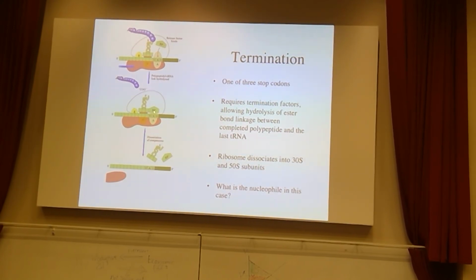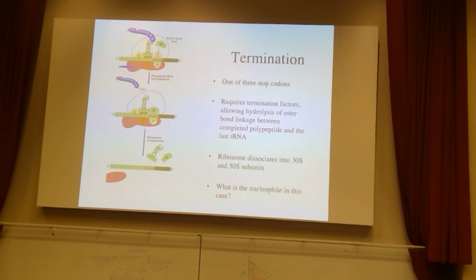This allows for a new kind of reaction to happen at the peptidyl center. It's a hydrolysis reaction, and it breaks the ester linkage between the polypeptide and that 3' end of the tRNA that's sitting at the P site. It's at this point that the polypeptide is released, and only at that point. The hydrolysis reaction liberates the polypeptide chain.